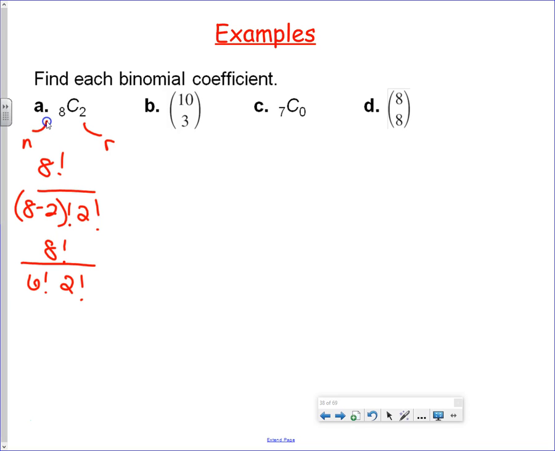Can't I change 8 factorial to be 8 times 7 times 6 factorial, all over 6 factorial times 2 factorial? Isn't it 8 times 7 times 6, 5, 4, 3, 2, 1 over 6, 5, 4, 3, 2, 1? Can't I cancel those out? And can't I say 8 times 7 is 56, and 56 divided by 2 times 1 is equal to 28?